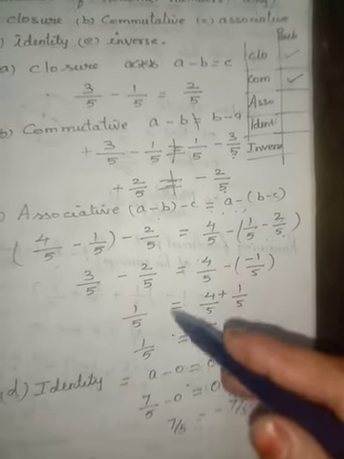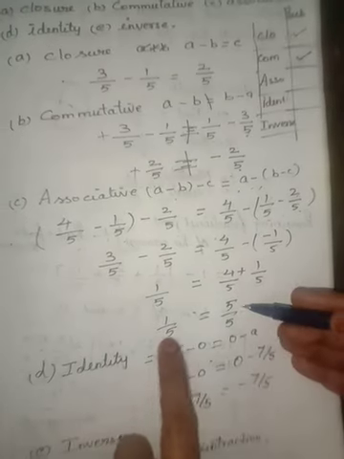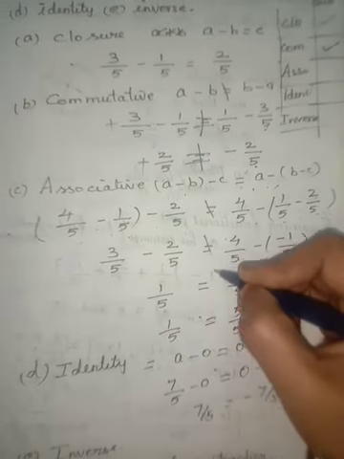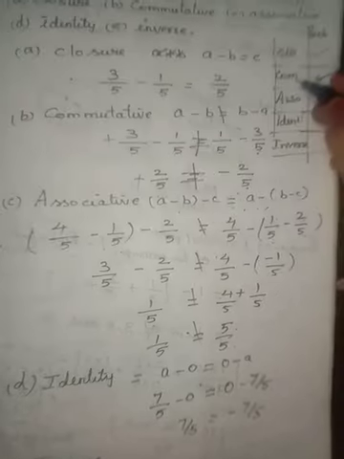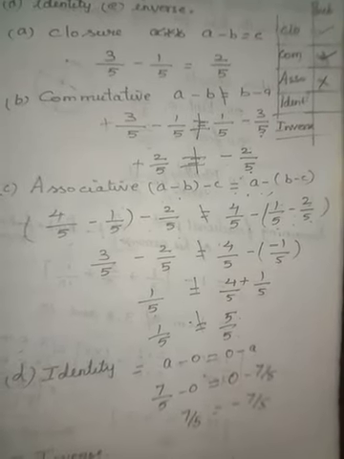Simplifying this we get 1 by 5 for the left hand side, 5 by 5 on right hand side. From this we can say that associative property is not satisfied under subtraction. So commutative also not satisfied, associative also not satisfied.